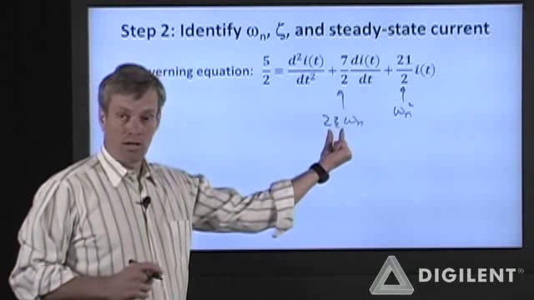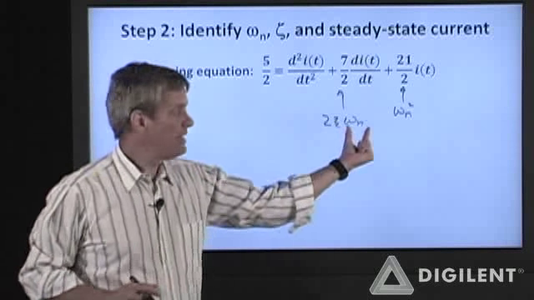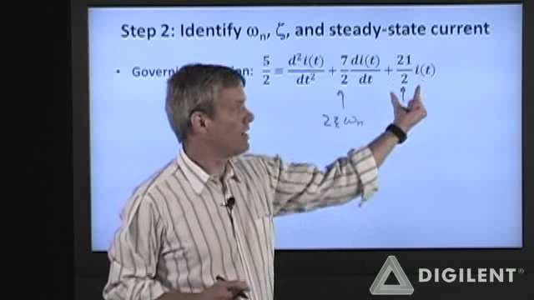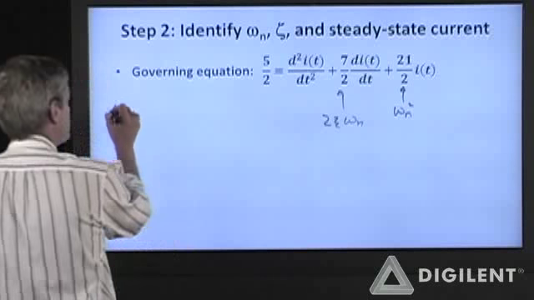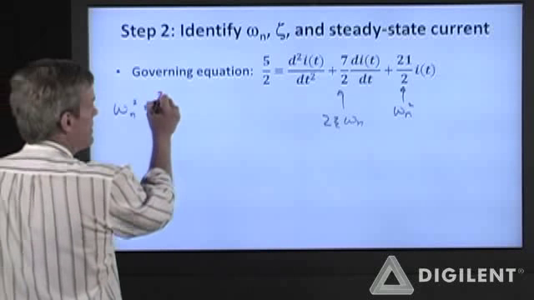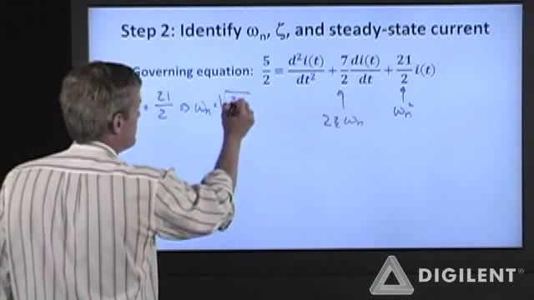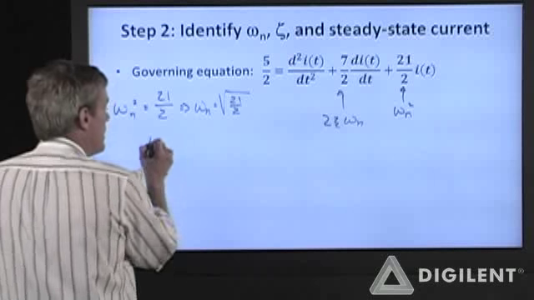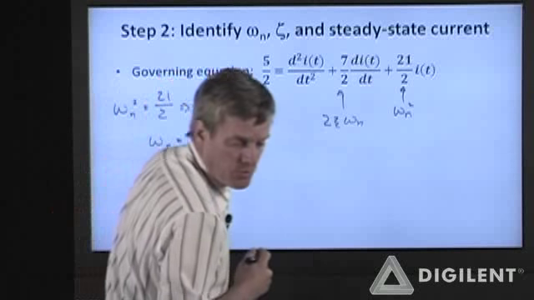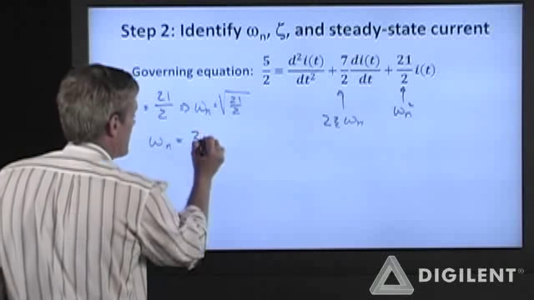So to find zeta, we need to know what omega n is, but we can determine omega n from this equality here. So omega n squared is 21 over 2, so therefore omega n is the square root of 21 over 2, which turns out to be 3.24 radians per second.